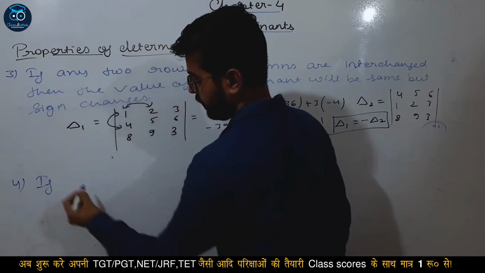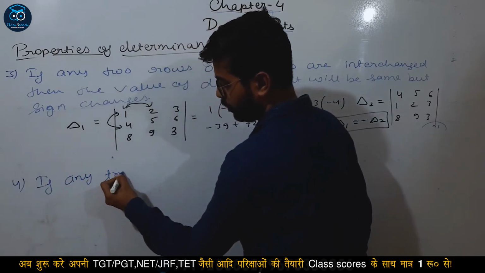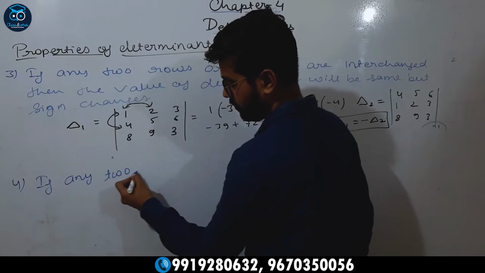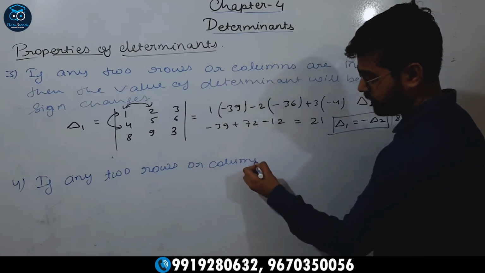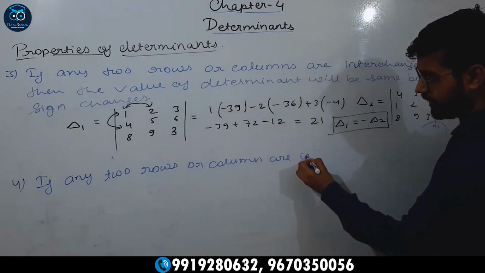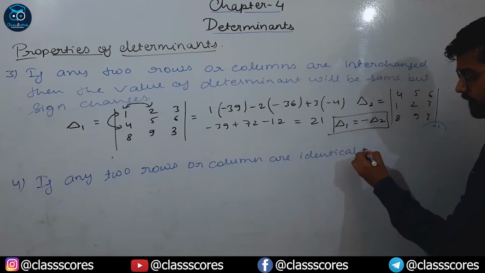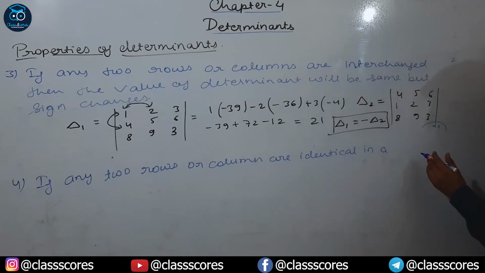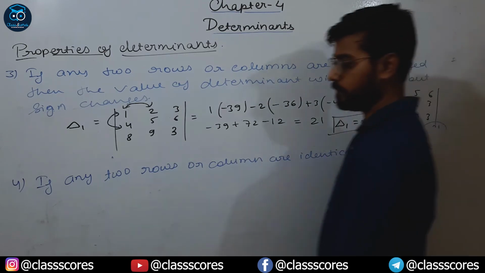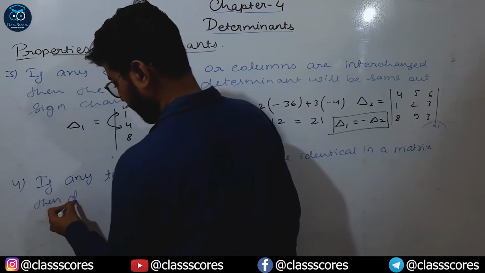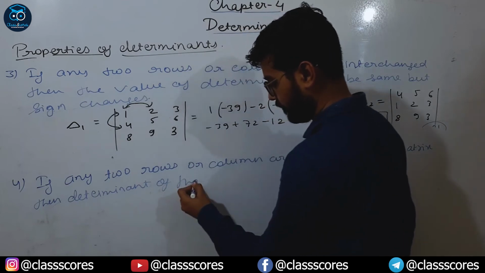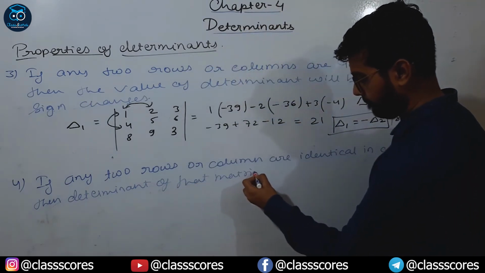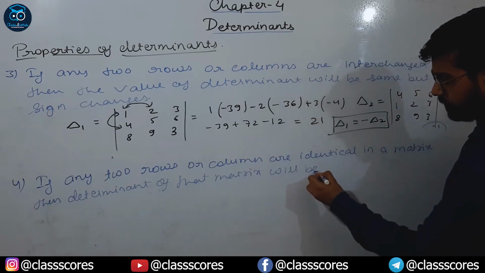If any two rows or columns are identical in a matrix, then the determinant of that matrix will be 0.